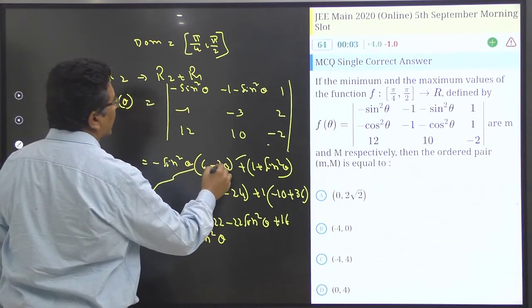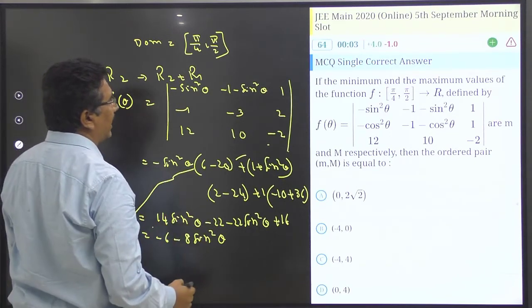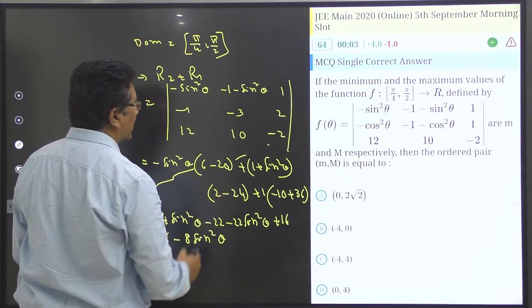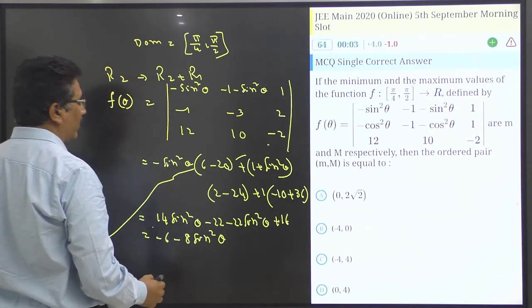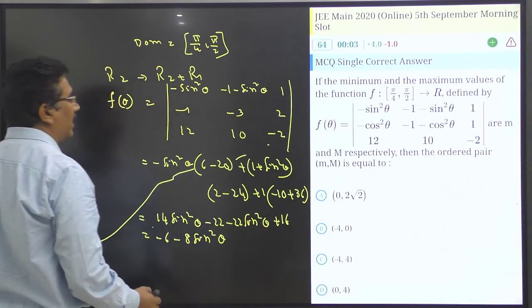Now this is 6 minus 20, minus 14, 14 sine square theta. This is 2 minus 24, minus 22, minus 22 sine square theta.